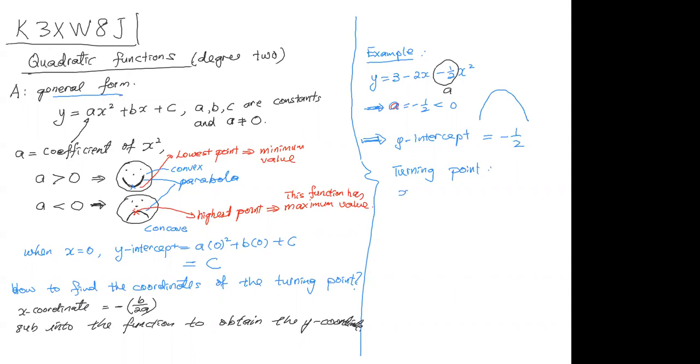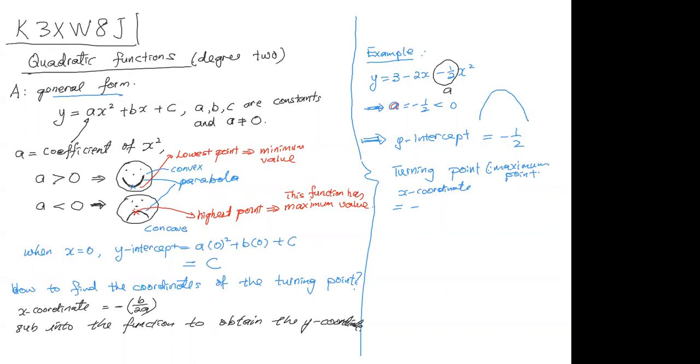The x coordinate is equal to negative b over 2a.